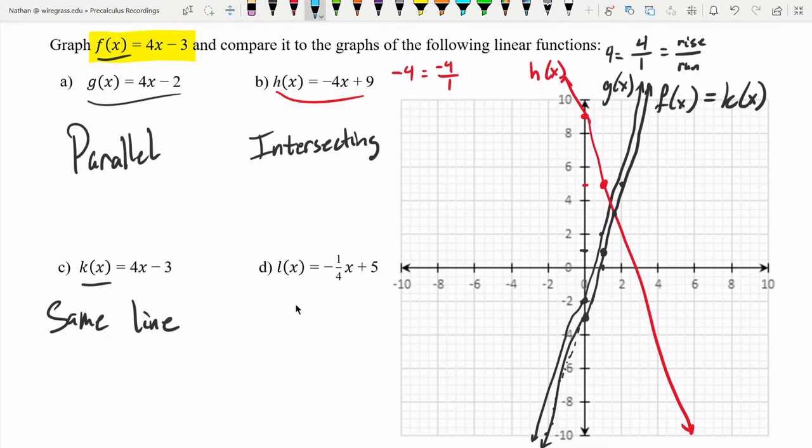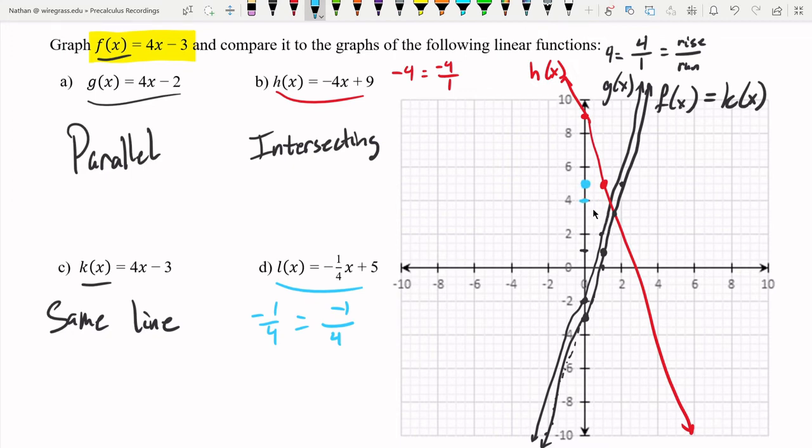Okay, the next one I'm going to do in blue. L of x. This is going to be a y-intercept of 5. That's going to be right here. And we're going to go, this is -1/4. I can move the negative to the top or to the bottom, but I think it's easier to look at the top. So we're going to go down 1 unit to here.